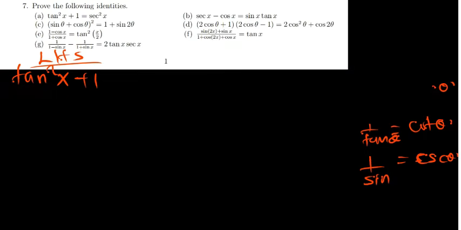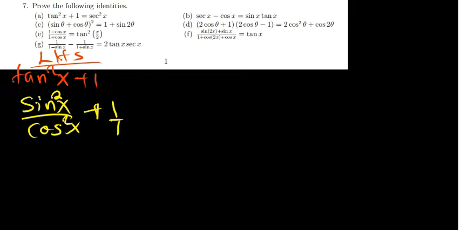Now for part A, let's see how we can prove it. I know that tan x is sine x over cos x. Now since it is squared, it's going to be sine squared x divided by cos squared x, plus 1. Now I can have 1 and find the common denominator, which is cos squared x.